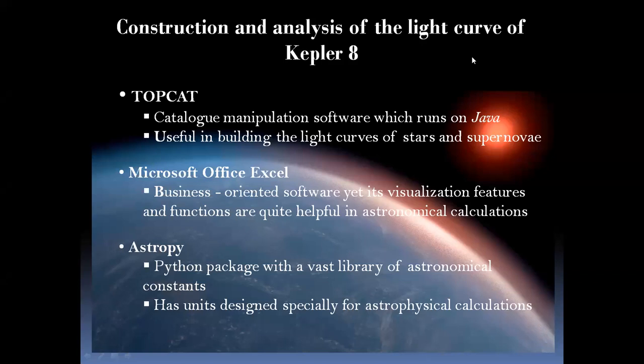The familiar Microsoft Office Excel is a business-oriented software, yet its visualization features and functions are quite helpful in astronomical calculations. AstroPy is a Python package or module, and it has a vast library of astronomical constants and units designed specially for astrophysical calculations.